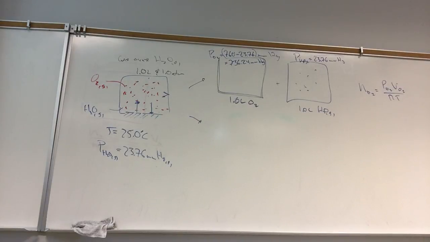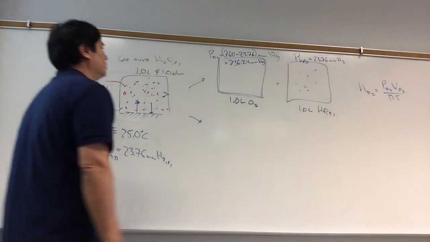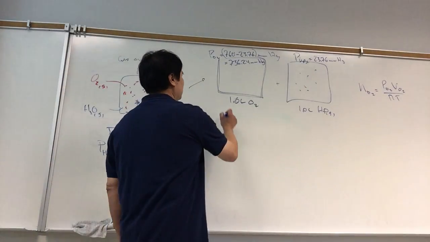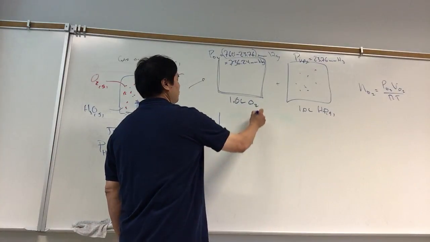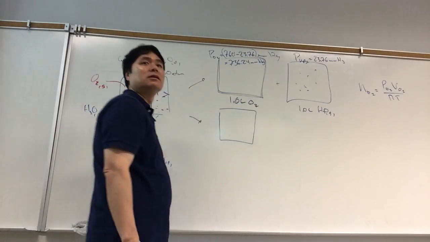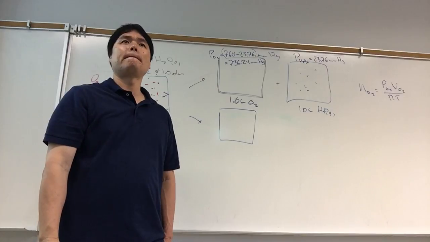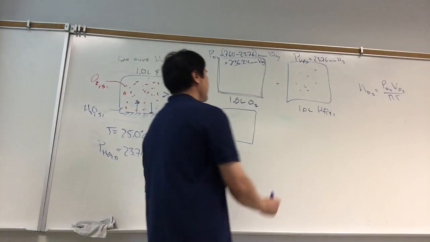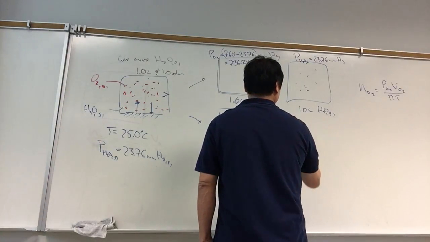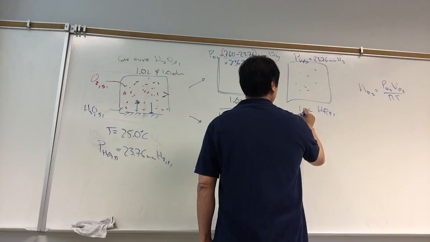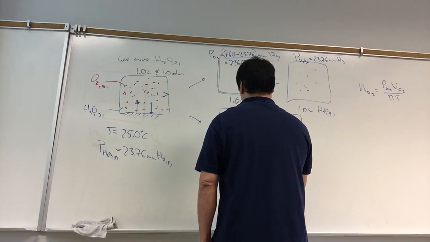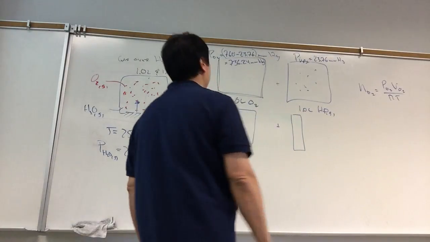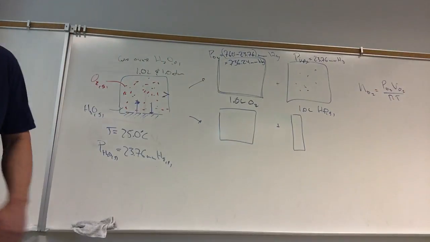Okay, now let's think in terms of Avogadro's. I have some oxygen. Did I form 1 liter of oxygen in Avogadro's? No. And then I have some water vapor. Did I form 1 liter of water vapor? No, not even close. And so this is it.